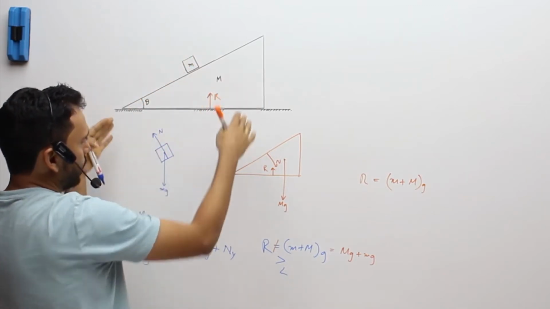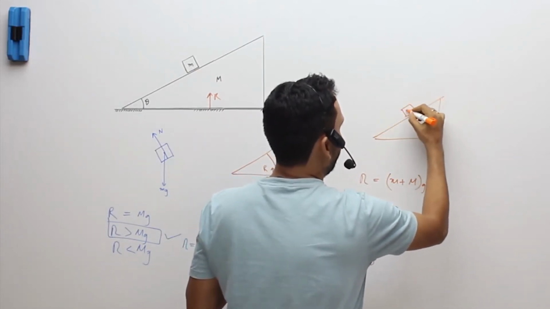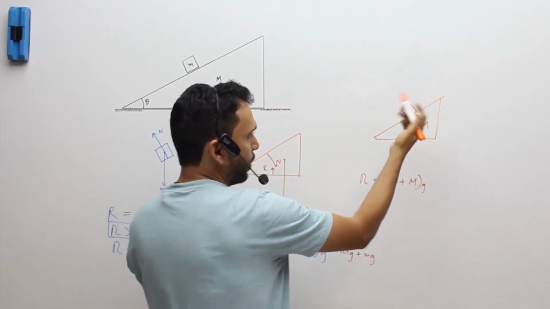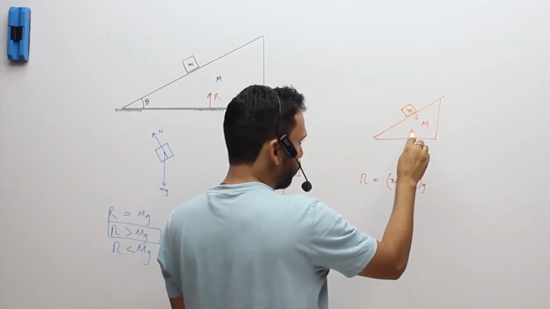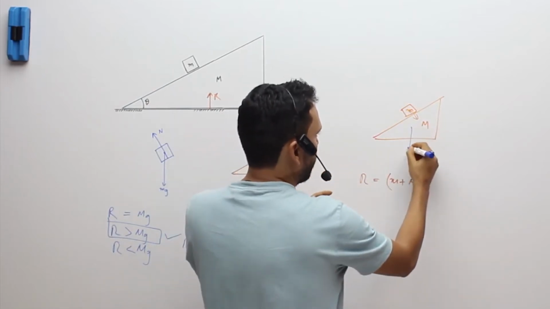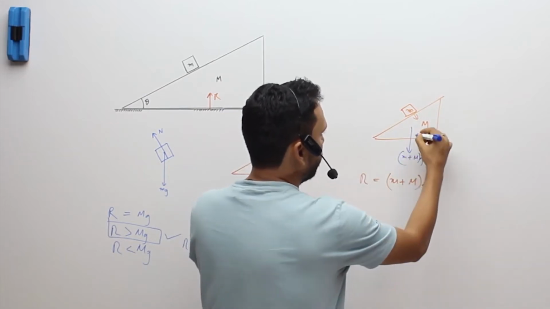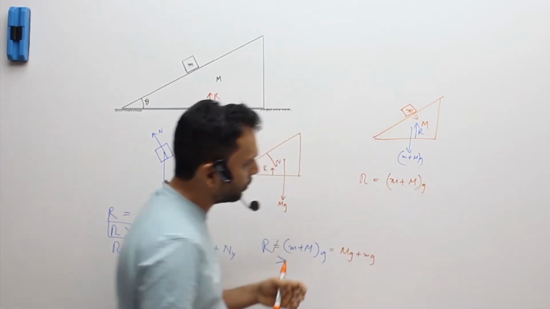If these two bodies are considered as one body, then this internal force N becomes an internal force. So these two have a net external force of Mg plus mg, and the net external force of the normal reaction here is R.